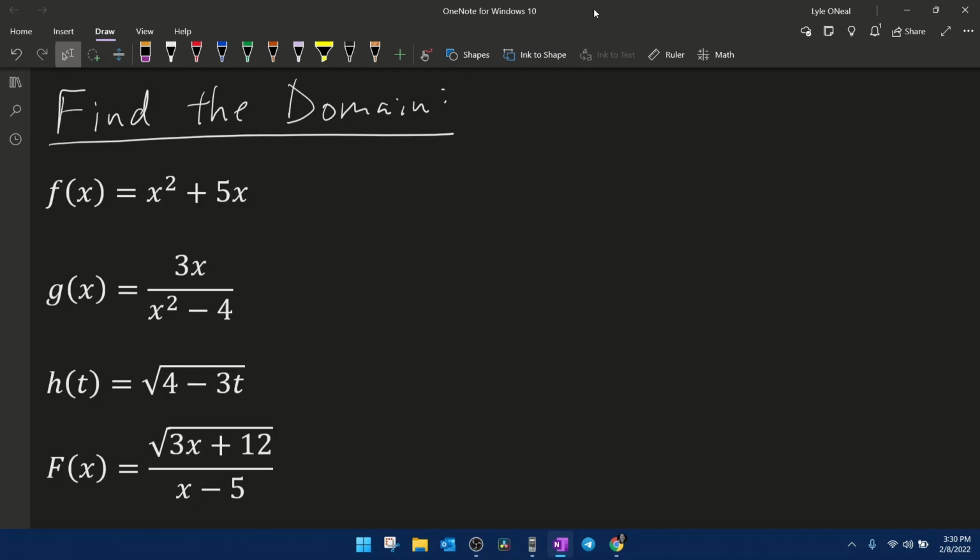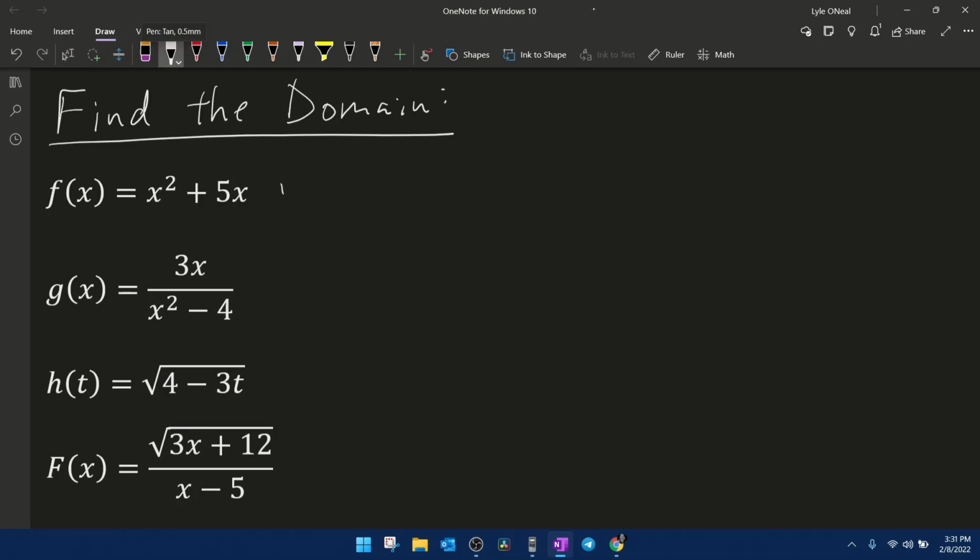At this point in the lesson, the textbook wants us to focus on finding the domain of a function. And the domain are the values that x can be. Some functions are going to have restrictions on the independent variable. So we got 4 functions here we're going to look at to discuss what the restrictions may or may not be.